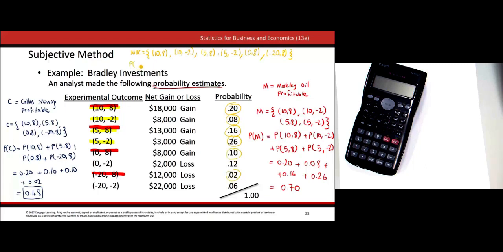So the probability of M union C will be 0.2 plus 0.08, 0.16, 0.26, 0.82.